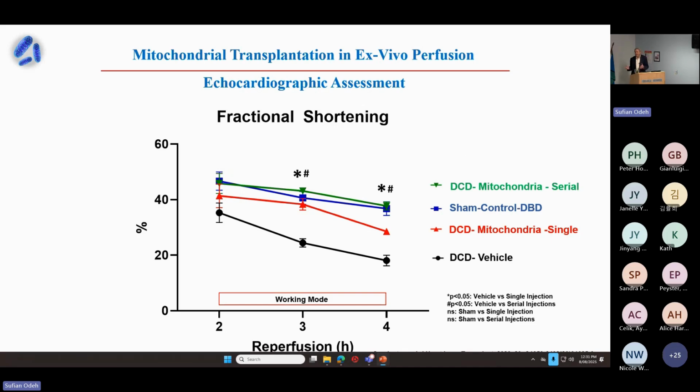But there is no difference between serial and single injection. But if it was me on the table, I would be putting my hand up saying, give me the serial injections, okay? So this is only an N of 6 to 8 in each group.